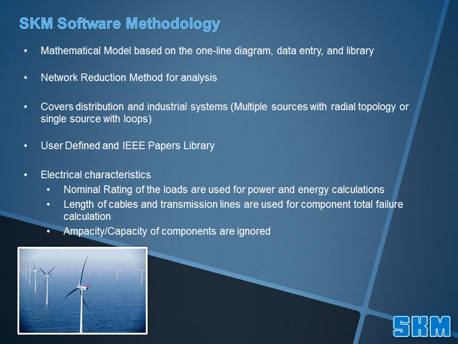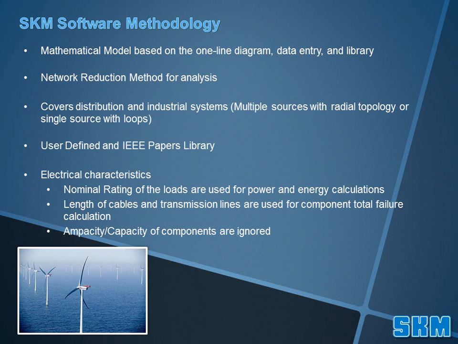For PTW, as I said, the network reduction method is used. The mathematical model is based on the one-line diagram, the data entry in the component editor, and data that is in the PTW library. It covers utility distribution and industrial systems. The one line can be modeled as multiple sources with radial topology, or modeled as a single source with loops as a topology.